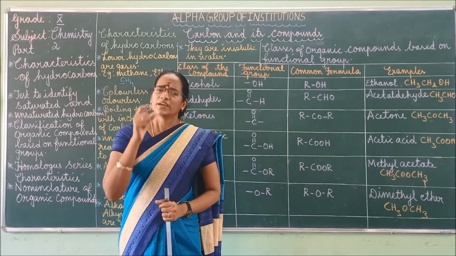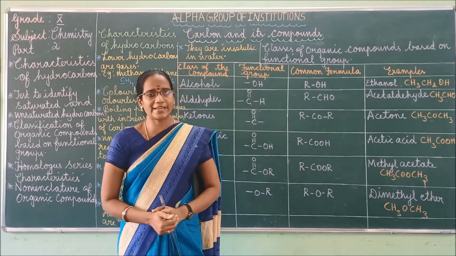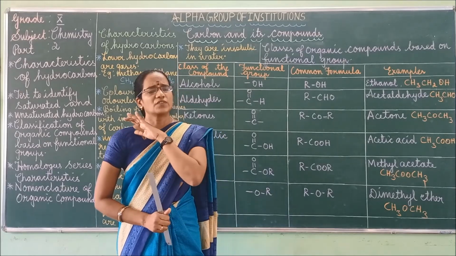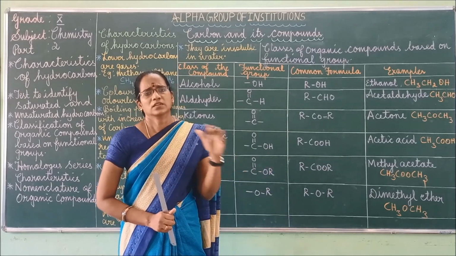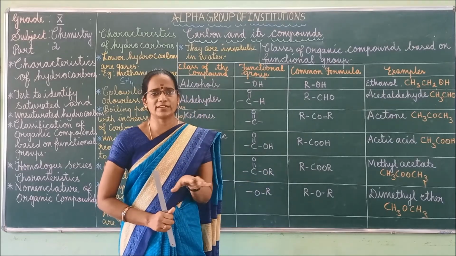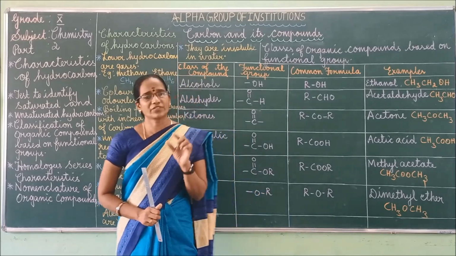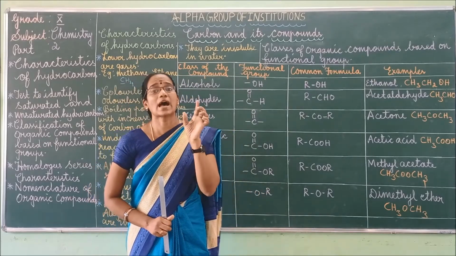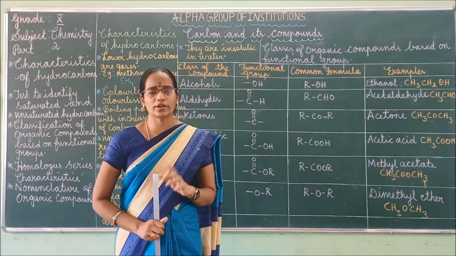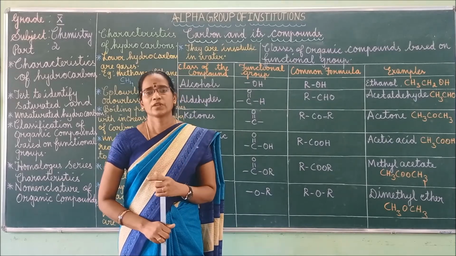Third point, if the given sample is unsaturated, it will decolorize the bromine water. Whereas if the given compound is saturated, it will not decolorize the bromine water. So what do you understand from this test?